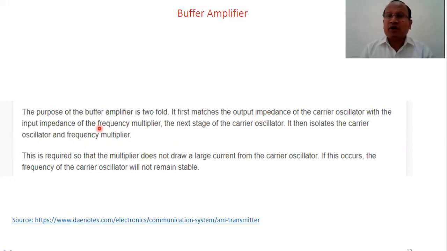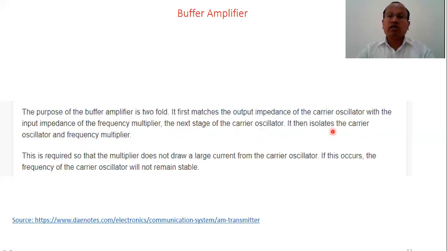Impedance matching is an important term in all such applications, where if there is no match between the output impedance of the first device and the input impedance of the second device, the proper amplification would not be achieved. And therefore, the buffer amplifier is used to provide proper matching between the multiplier and the carrier oscillator. That is the first purpose.